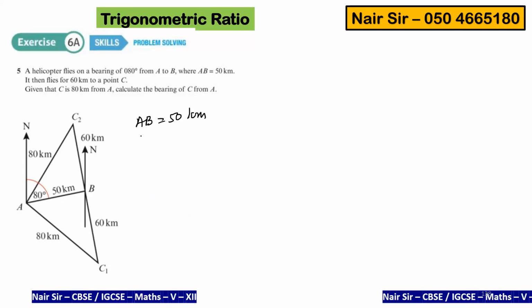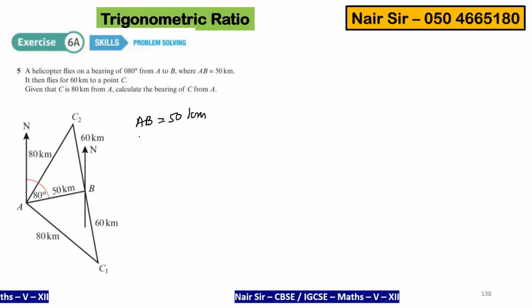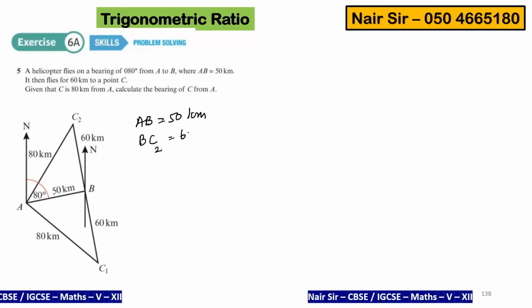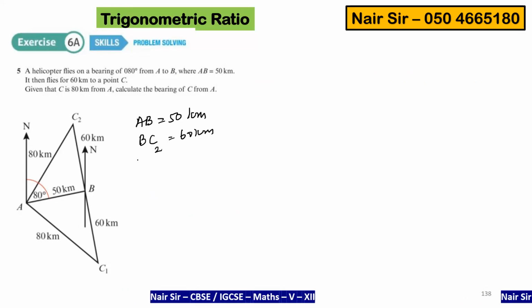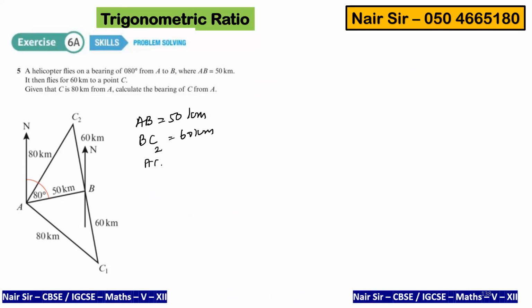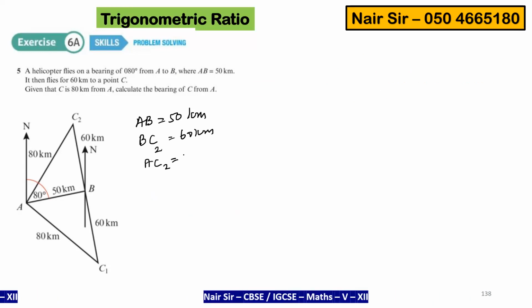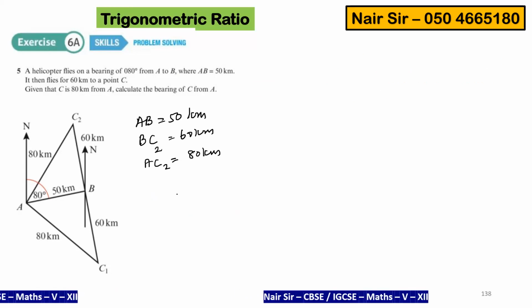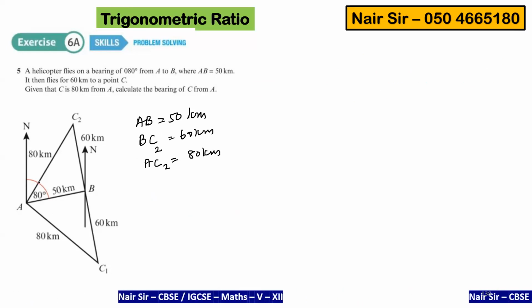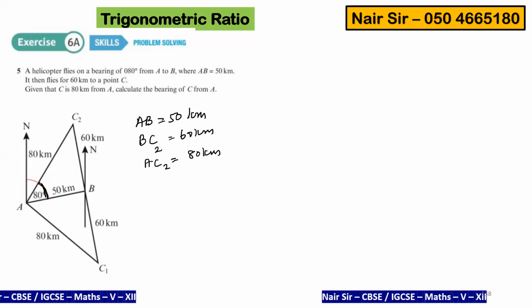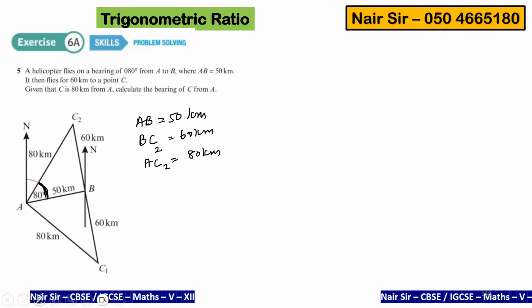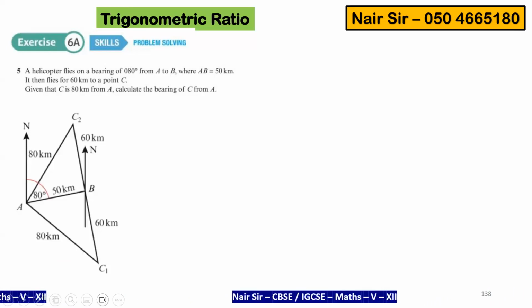I have got BC2 as 60 kilometers. I have got AC2 as 80 kilometers. Can I find this angle using the cosine rule? Okay, so let's see.